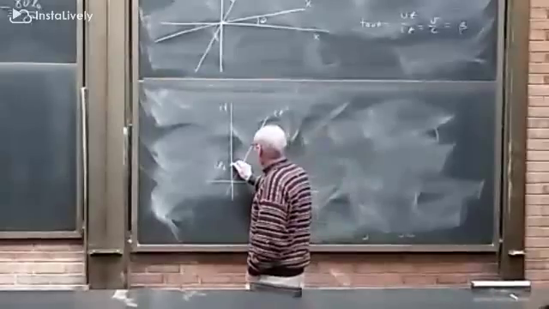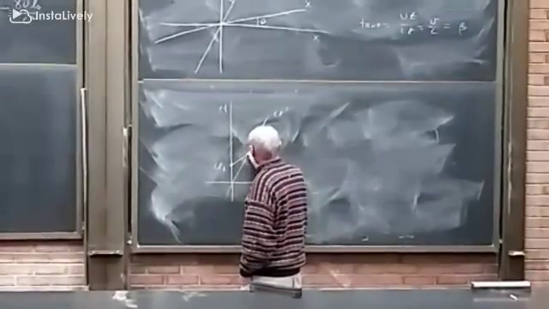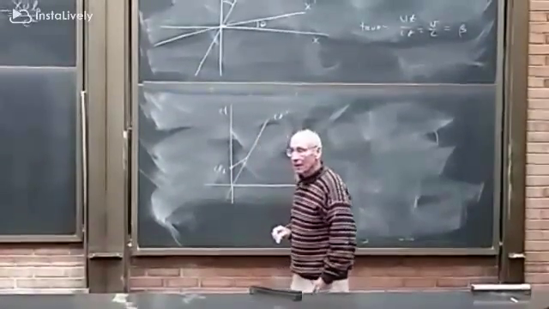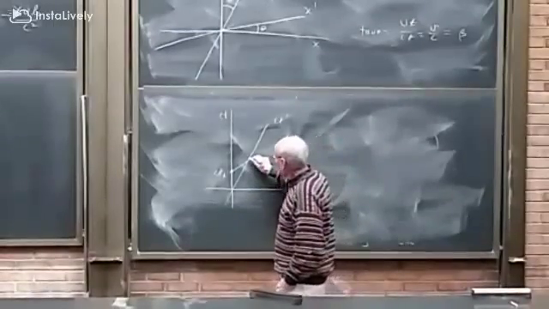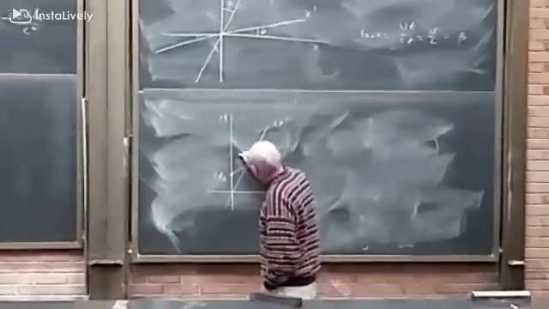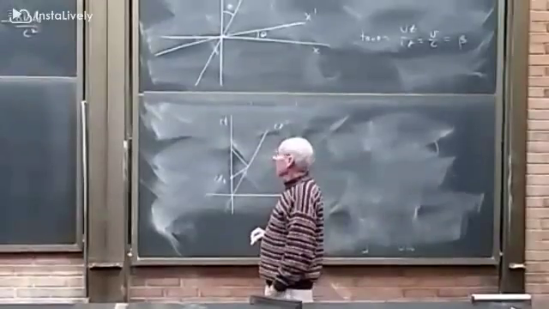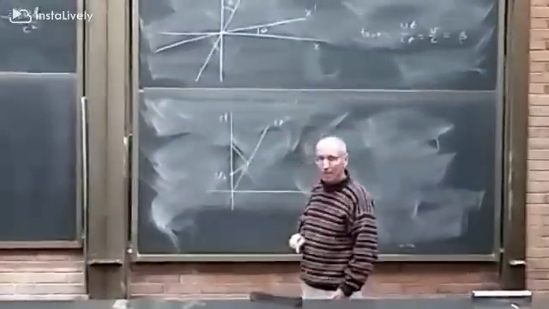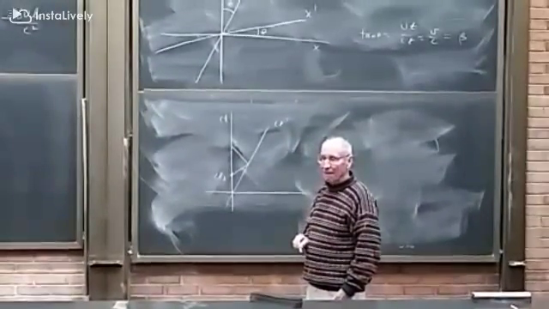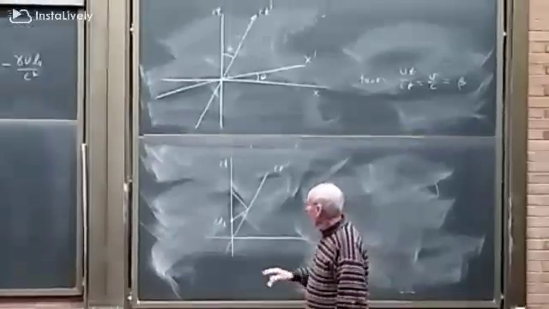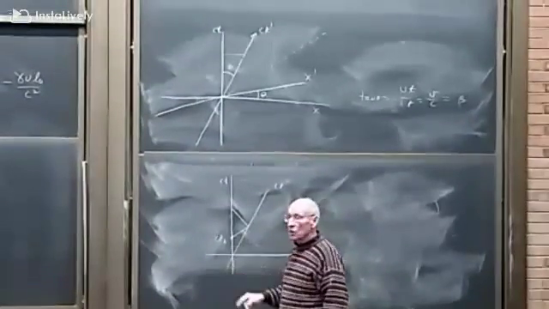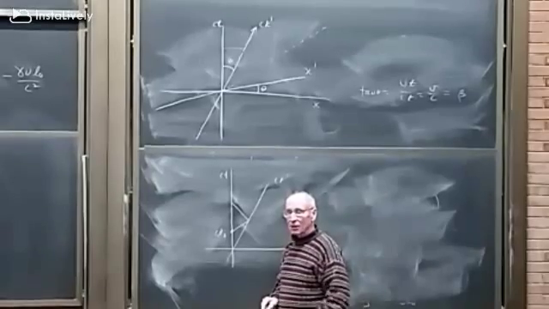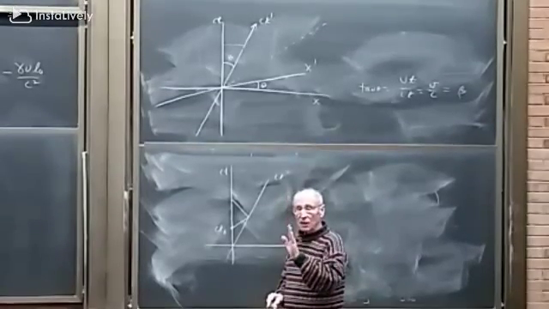It will travel at 45 degrees, so it will come up here. It hits a mirror at this point, and it bounces back like that. Okay? Always traveling at 45 degree angles, because CT must equal X for the light ray.